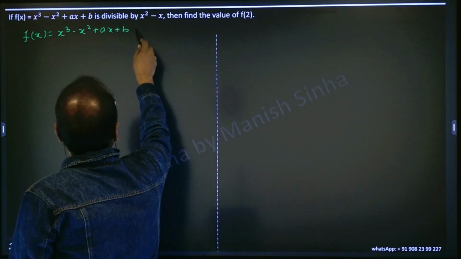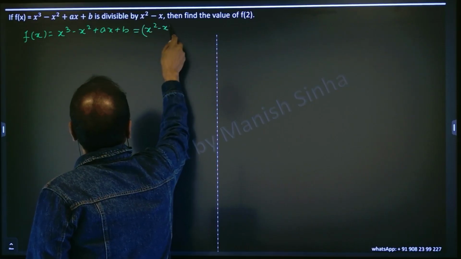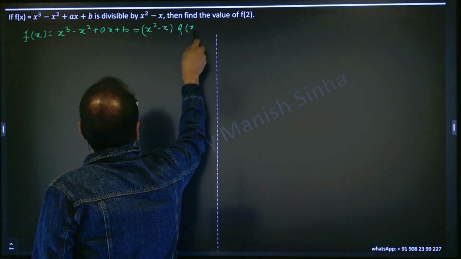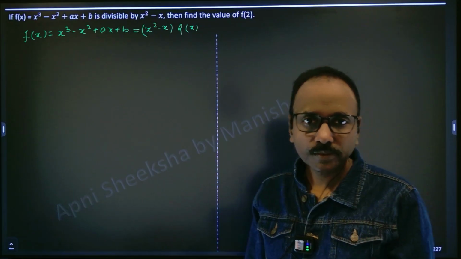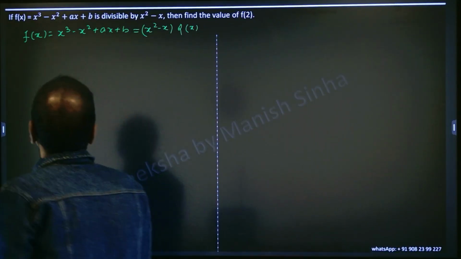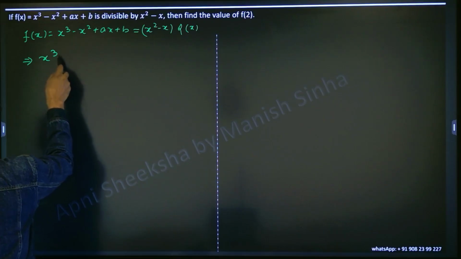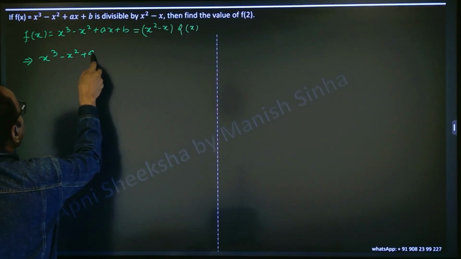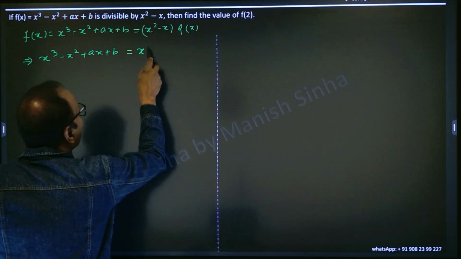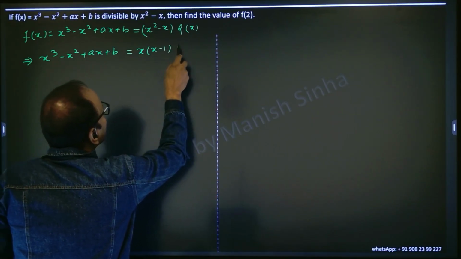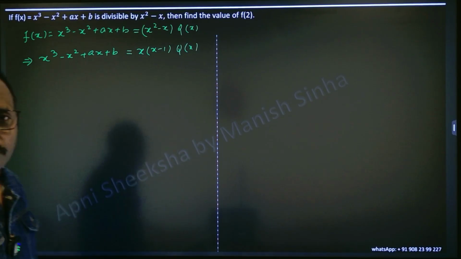So we can write this equal to x square minus x into quotient, which is x into x minus 1. So we can write like this.